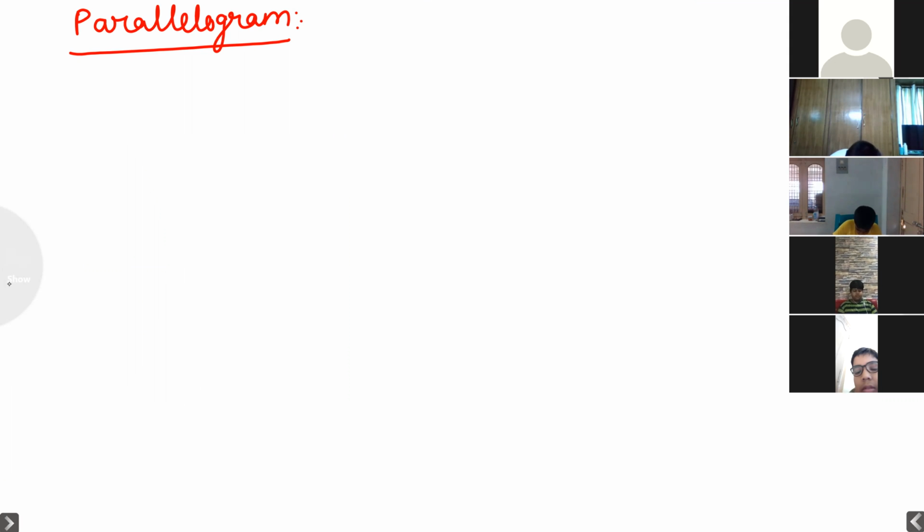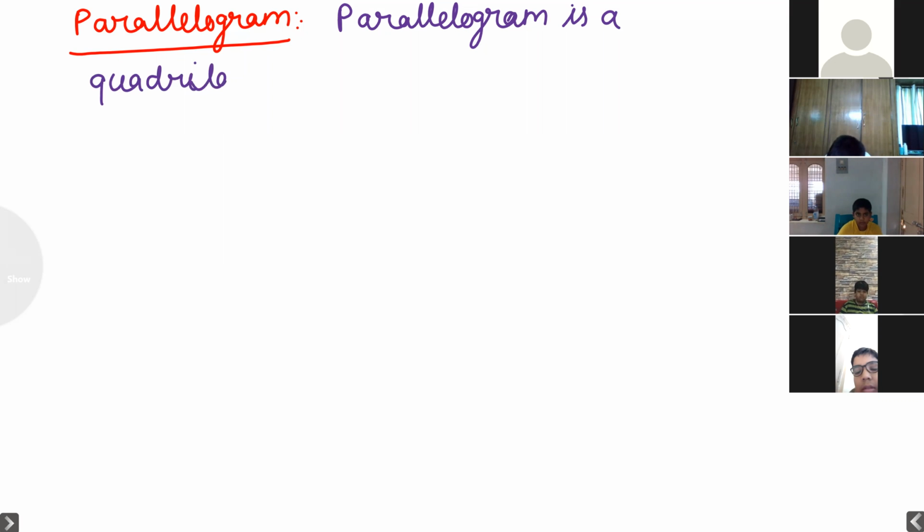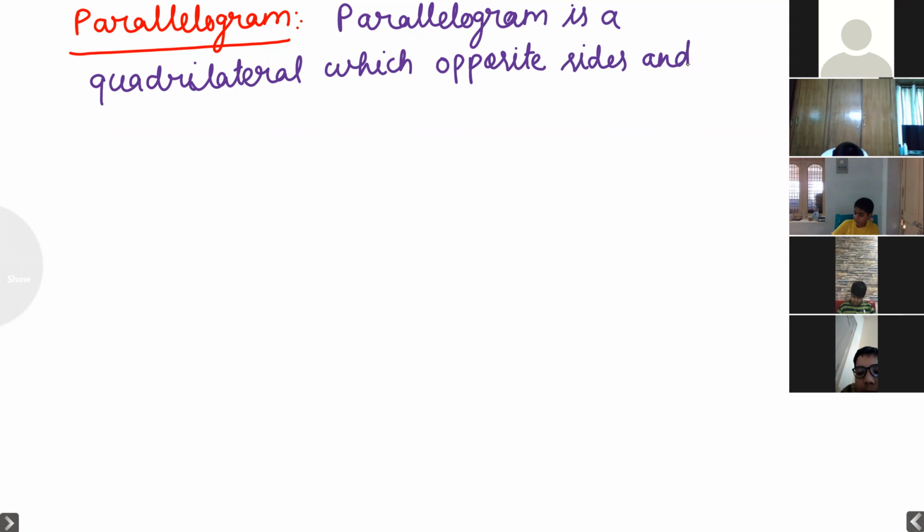Parallelogram is a quadrilateral whose opposite sides and angles are equal.